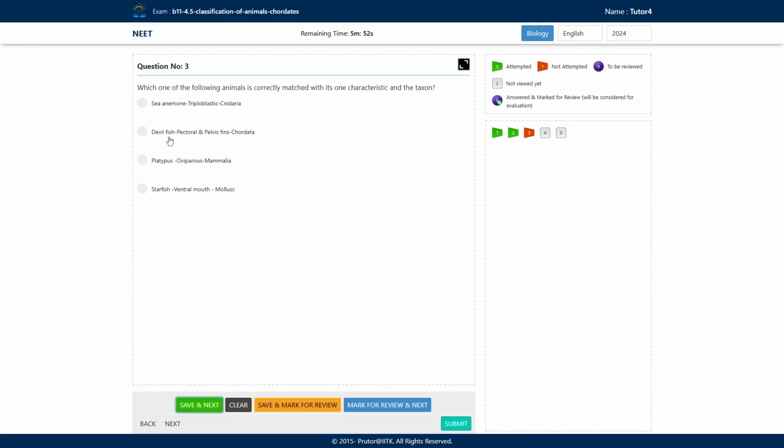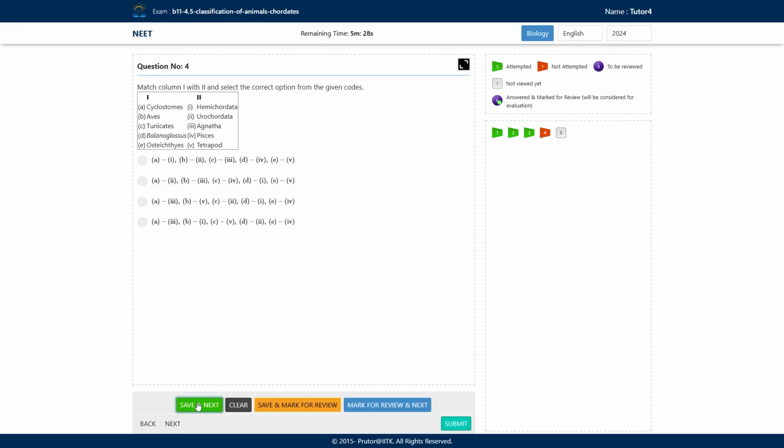It is not a chordate. It is Mollusca. Sea anemone, triploblastic, Cnidaria. Sea anemone is a cnidarian, but triploblastic is written, so this is also incorrect. Starfish, ventral mouth, Mollusca. Starfish is Echinodermata. Right? So the correct option is C. We will save and move to our next question.